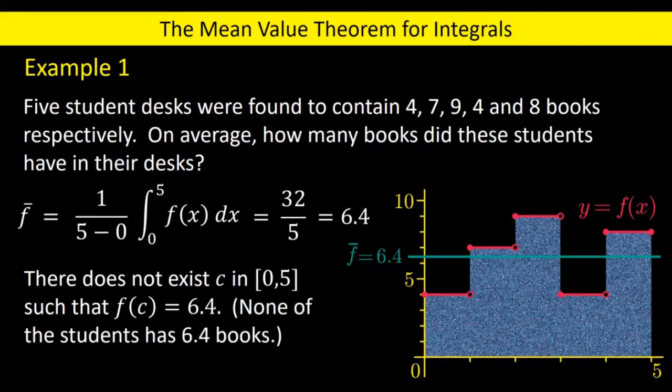In other words, what we're really saying is that the students had 6.4 books on average, but none of the students has exactly 6.4 books, just like no family really has 1.5 children. But this doesn't violate our theorem because our function is not continuous. So the theorem just simply does not apply in this situation.